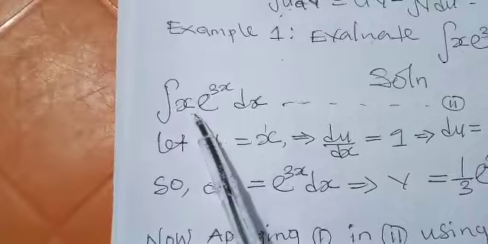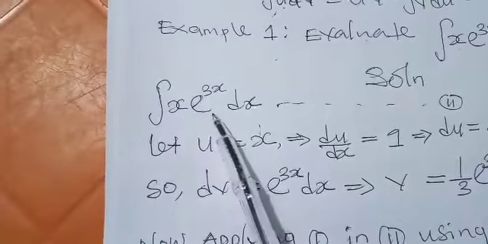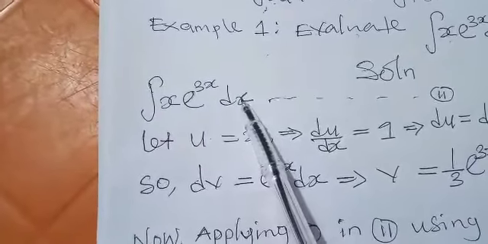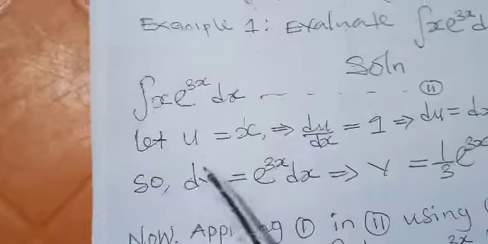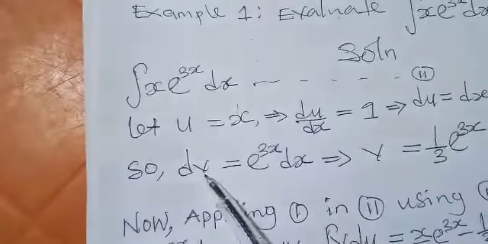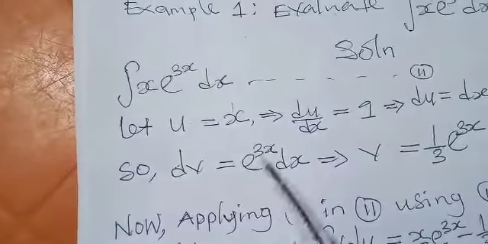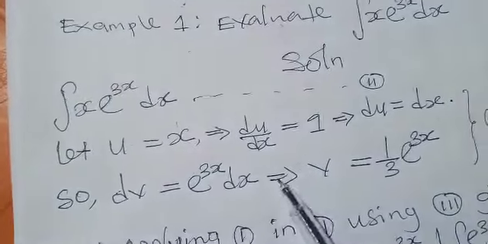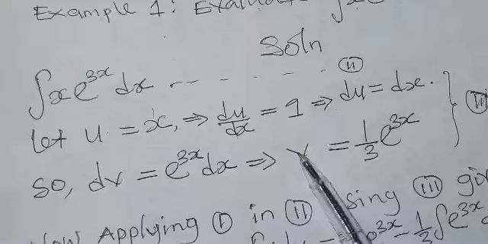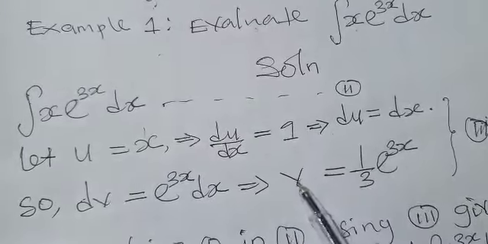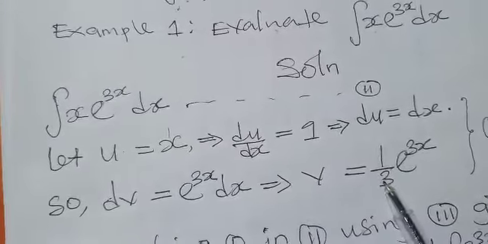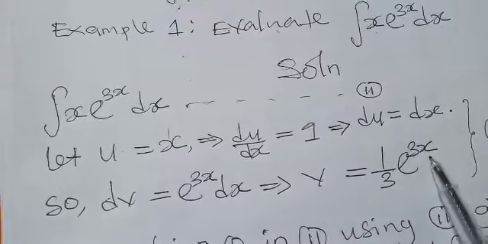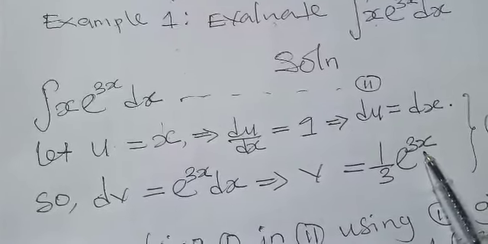And again, the second part: if x from our integral is u, then exponential 3x dx is going to be our dv. So dv equal to exponential 3x dx, which implies integrating, our v equal to 1 over 3 exponential 3x.